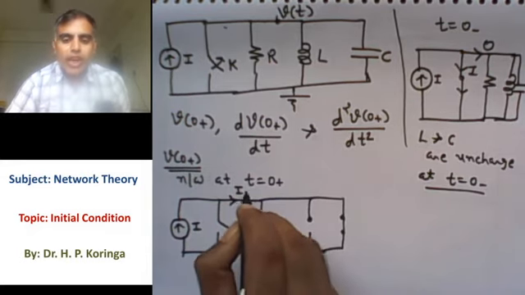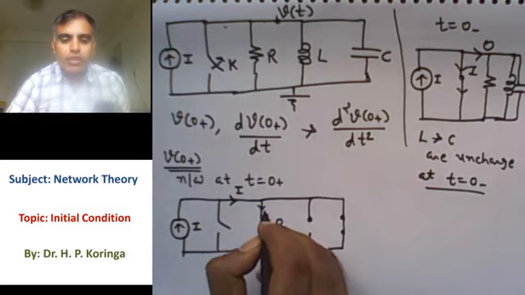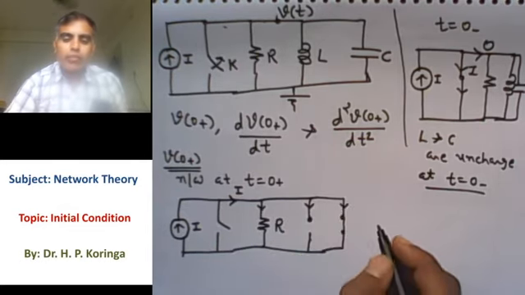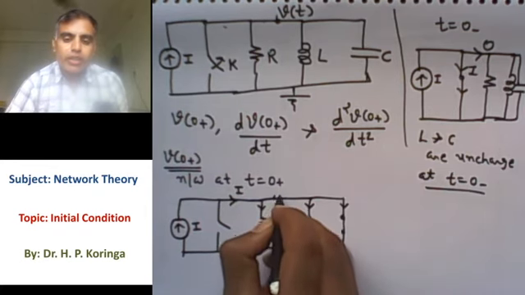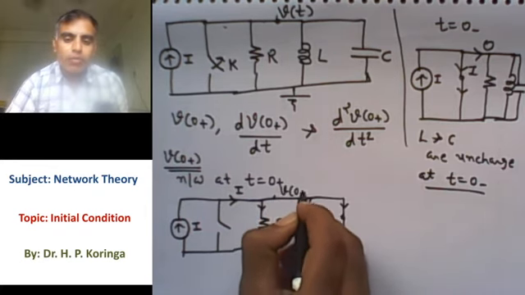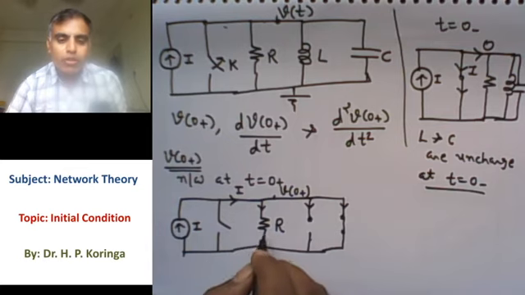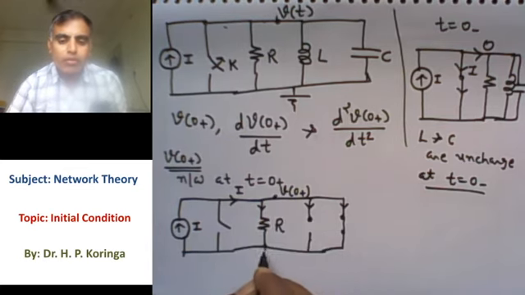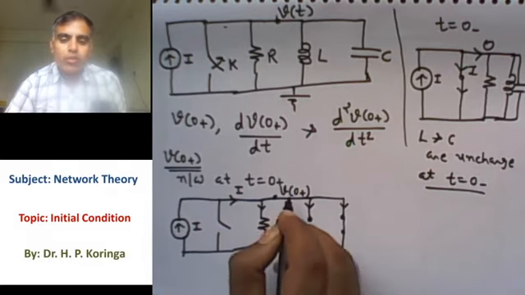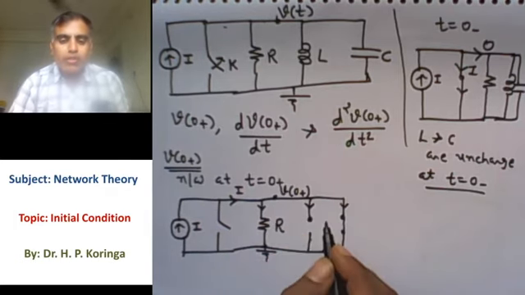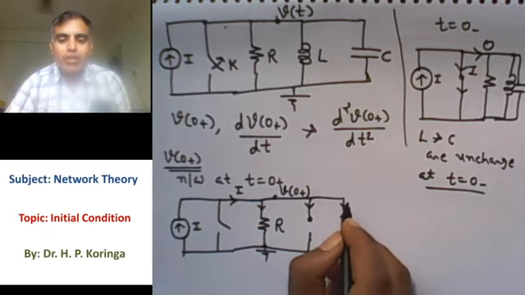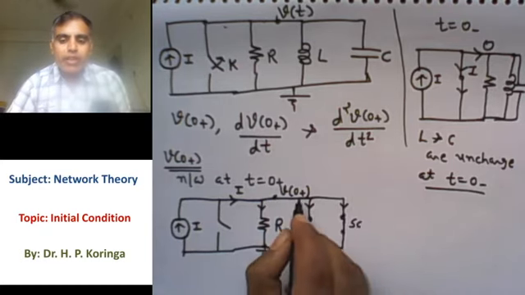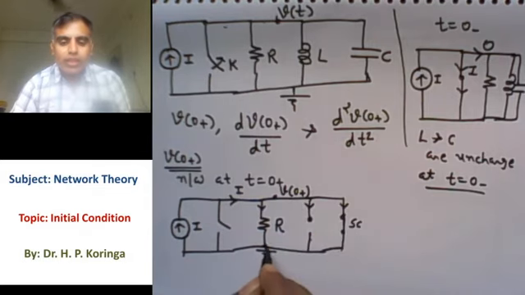So this I current is divided into three currents: through R, through L, and through C. And here our voltage is vc(0+). Because we have drawn the network at t = 0+, the voltage at the node is v(0+). What is this voltage? It is 0, because the capacitor is a short circuit, which connects the node voltage to ground.